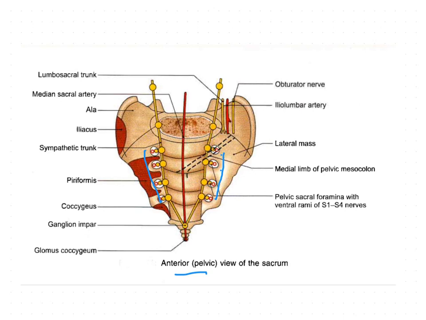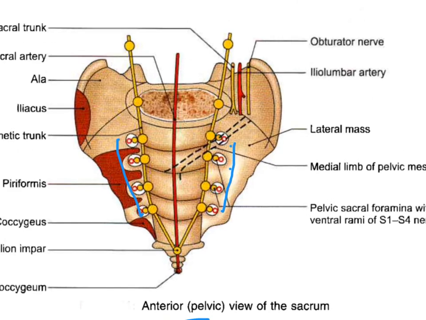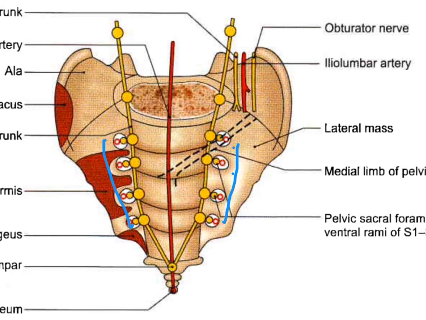Okay, through the sacral canal. So, what are the structures passing through this sacral foramen? They transmit ventral rami of the upper 4 sacral nerves and a branch from the lateral sacral artery. If you can see here, each foramen consists of one nerve and one artery.